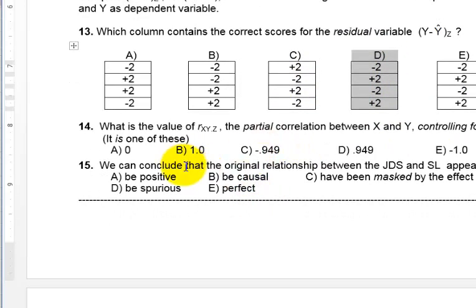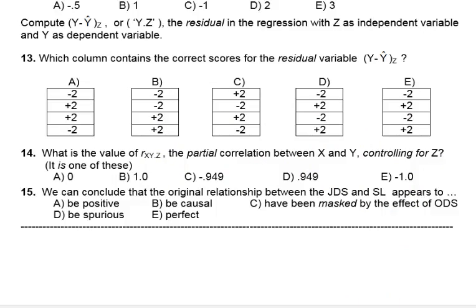And number 14, what is the value of the correlation between X and Y when you control for Z? I think that's the one we just did the video for. The way we set it up, question 14 is the exact same as question 4. It's how you find a partial correlation after controlling for one variable. X was our JDS variable, Y was our SL variable, and Z was the OSD variable.